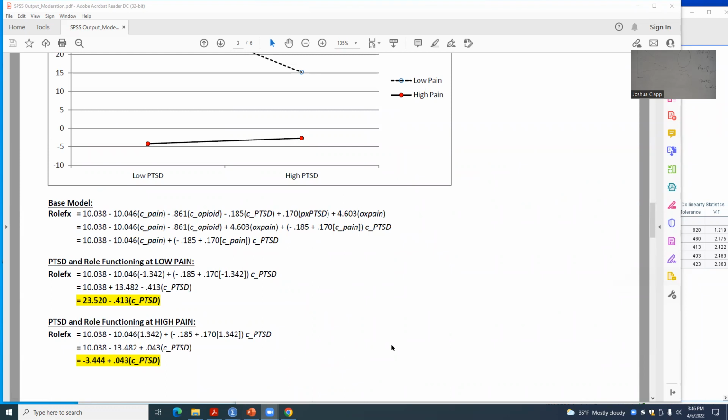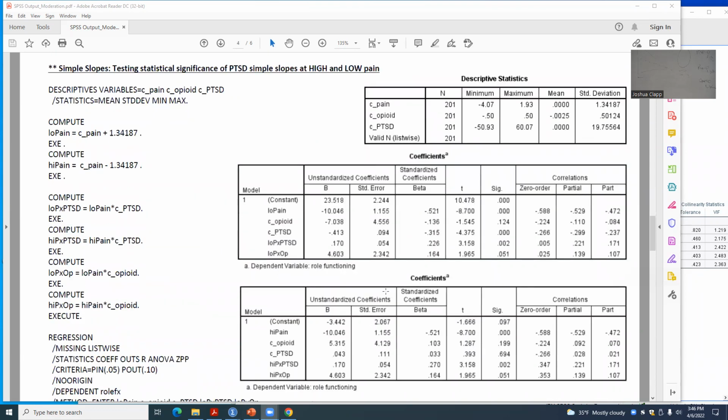Telling us that everything that we've put together is good. The only thing that we shift around in our scaling here is just so we can get p-values for the conditional effect of PTSD on functioning at high levels of pain, a standard deviation above, and low levels of pain, a standard deviation below. Okay.